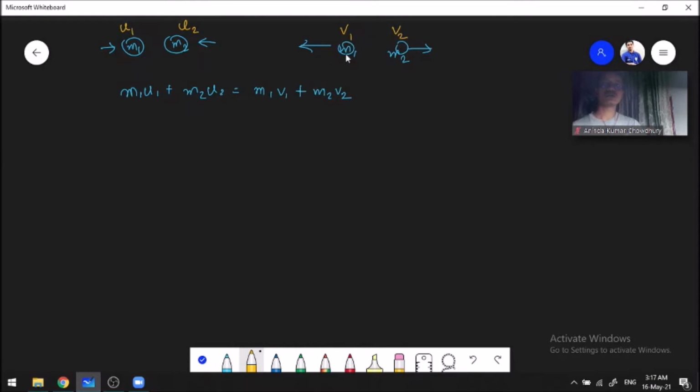Depending on the direction at which the balls are moving, we will assign our u1 and u2 the respective signs. For example, here my ball is moving towards the right, so u1 will be positive, u2 will be negative because it is towards the left. By convention, I always take the right direction as positive. So u1 will be positive, u2 will be negative, v1 will be negative, v2 will be positive.